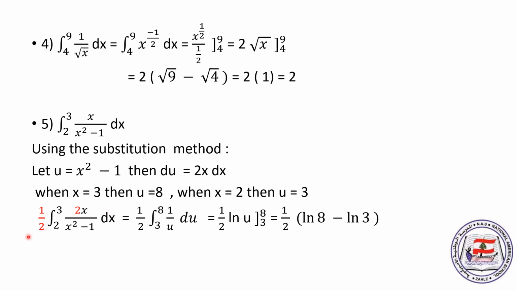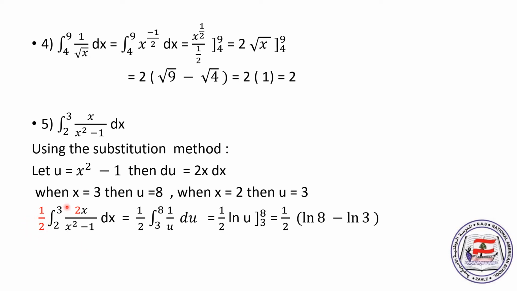Rewriting the integration, we notice that du should be defined as 2x dx. So we have a missing term 2 in the fraction, so we multiply and divide by 2 in order to replace directly by du.